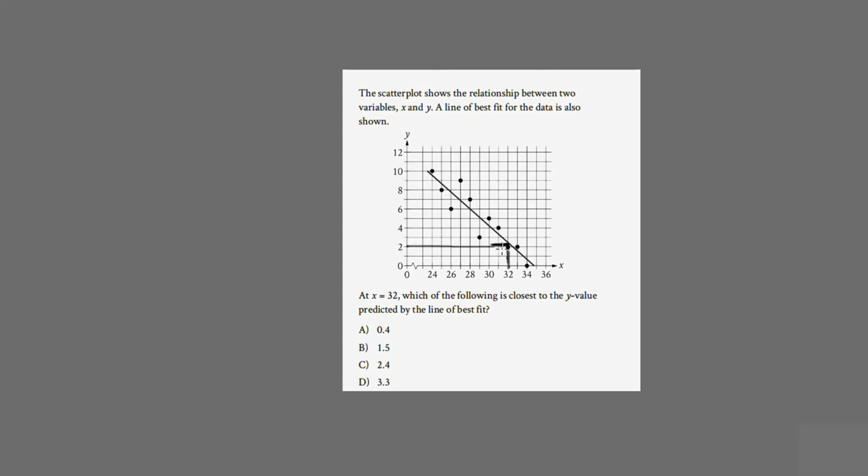So basically you can say that the right answer to this question will be 2.4. Okay, that's the answer, option C, 2.4, since the line of best fit is between 2 and 2.5 thereabouts. So the right answer is 2.4, option C.